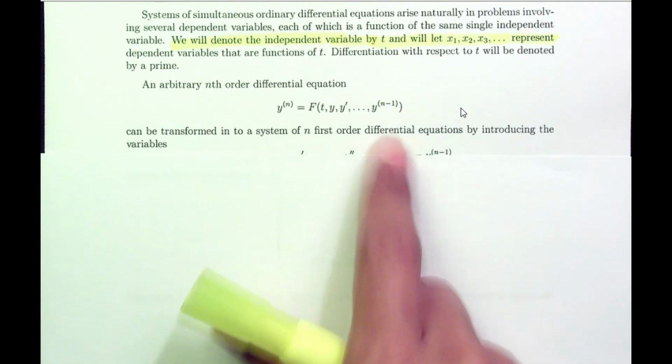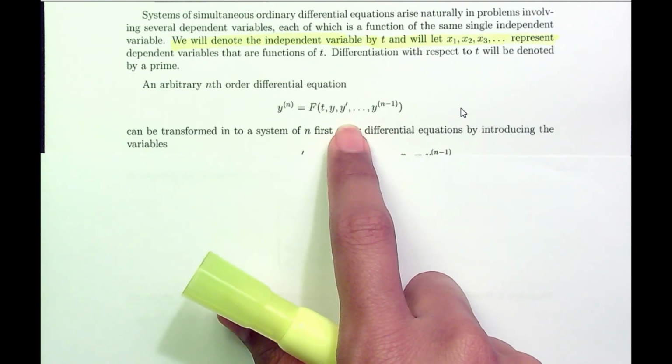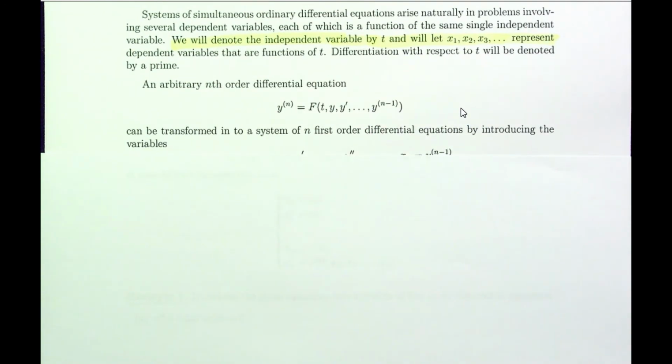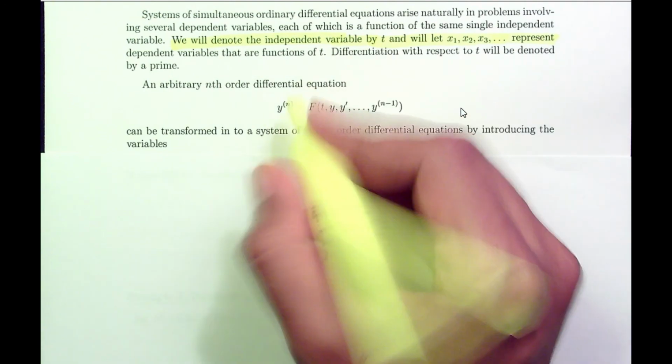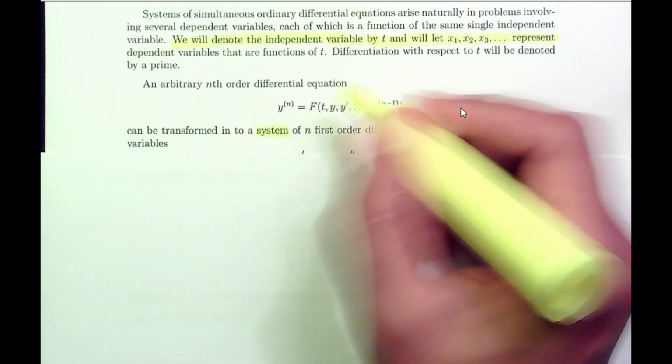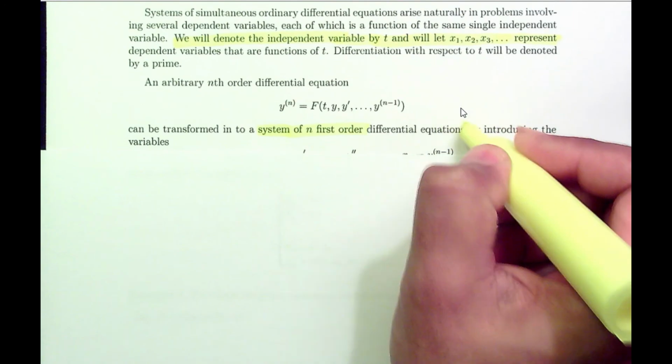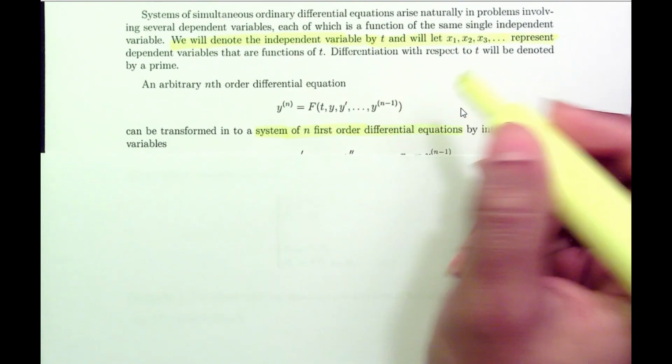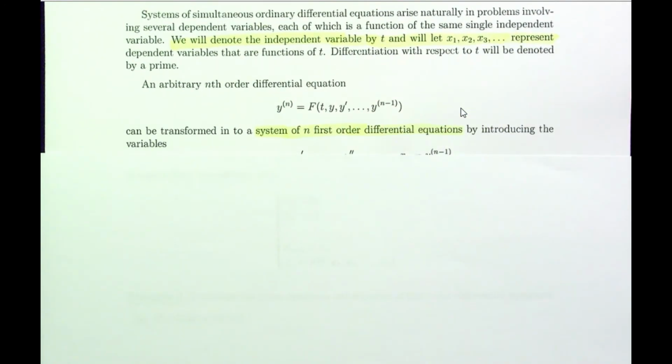If you have a differential equation like that, it turns out you can always transform that into a system of differential equations. Your system is going to have n equations. All of the equations are going to be first order differential equations. So you're going to have a system of first order differential equations.